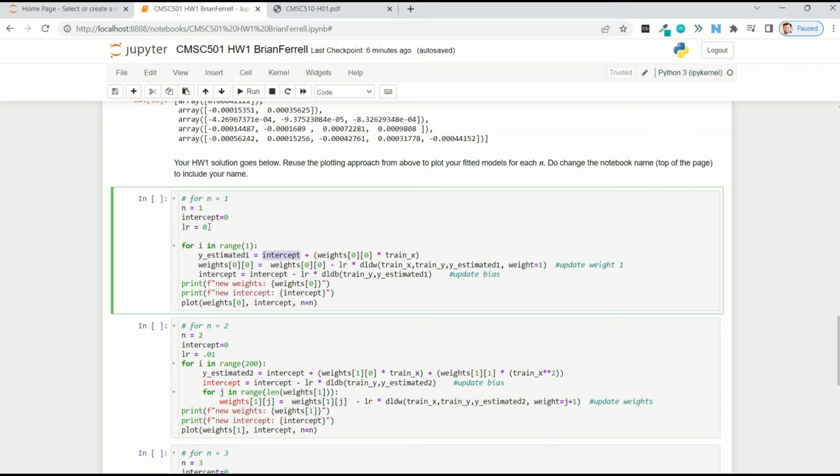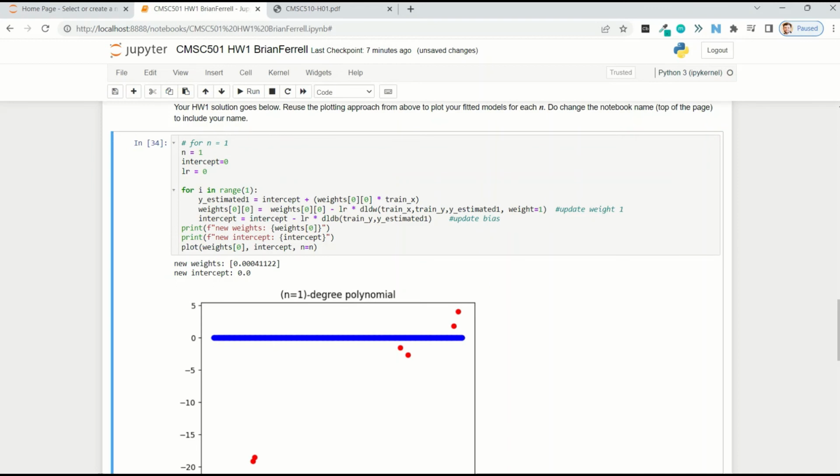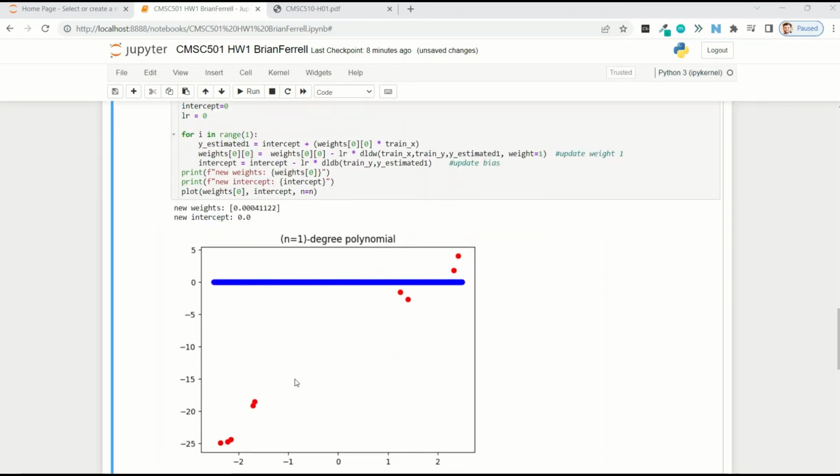Let's just say learning rate is 0 and we go through this once. It's basically going to fit like this. Obviously it's not going to fit our data very well because we're starting from random weights, so it's going to be a bad model.